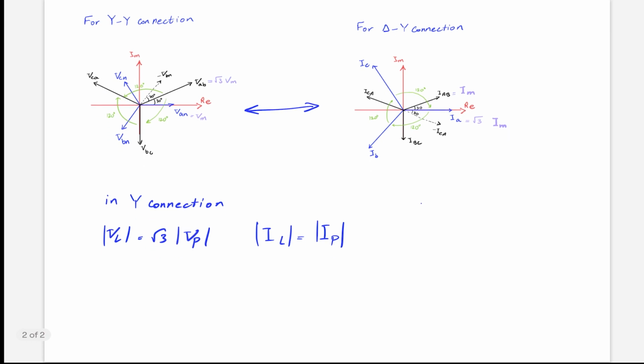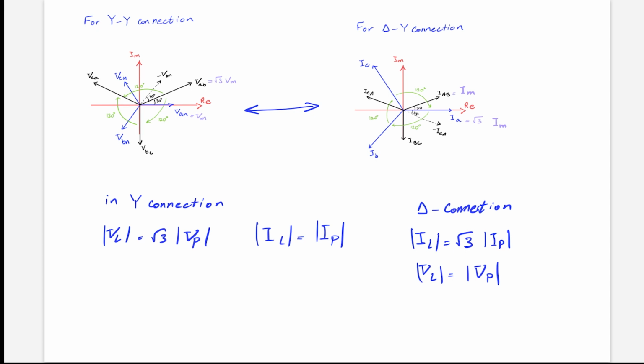But in the delta connection, the phase current is related to the line current, the line current will be equal to radical 3 of IP. And the line voltage magnitude will be equal to the magnitude of each phase voltage on the load side. So these are very important, and we need to remember these parts. Okay.